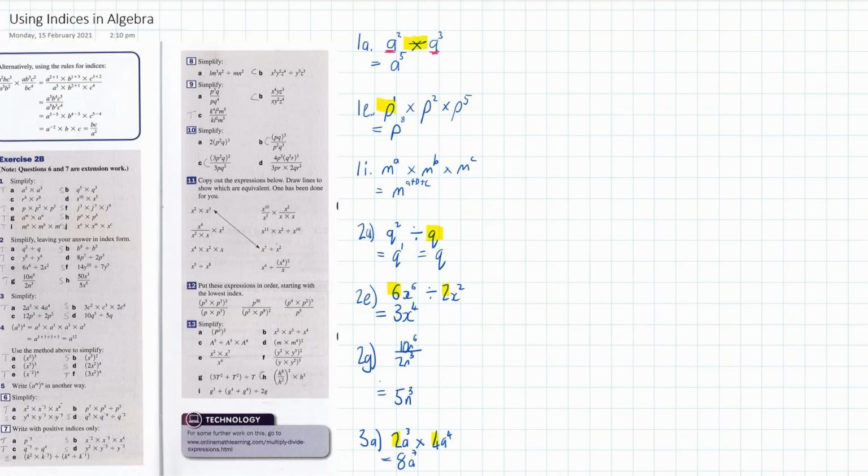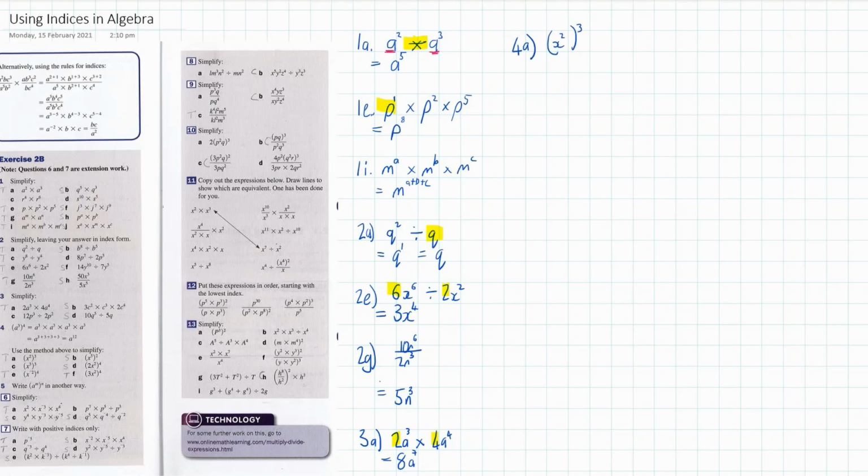Right. Now, I'm going to move over to 4a. So we'll do that here. 4a. I've got x cubed bracketed and x squared bracketed with a cube on the outside.